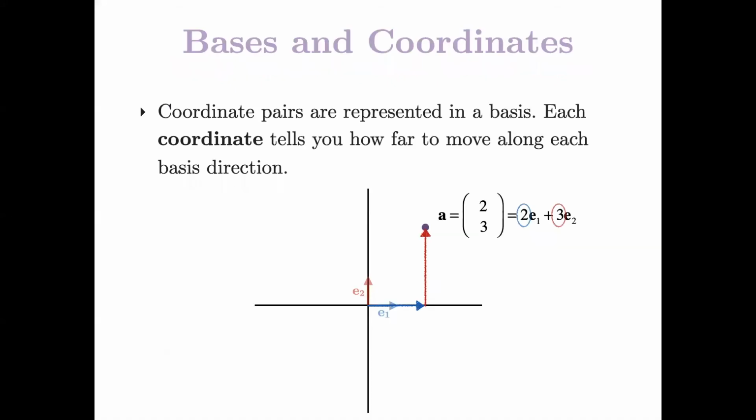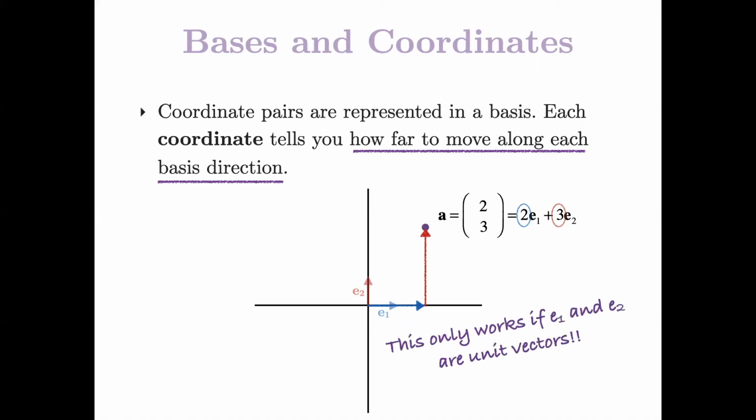Recall that coordinate pairs are represented in a basis, and each coordinate tells you how far to move along each basis direction. Okay, so this is what I meant when I said it was implicit in our previous discussion, because this only works if E1 and E2 are unit vectors. If instead, you can imagine I chose a different basis vector for E1, perhaps the blue vector that's shown here. Well, how far would I have to move in that direction if I was going to the purple point?